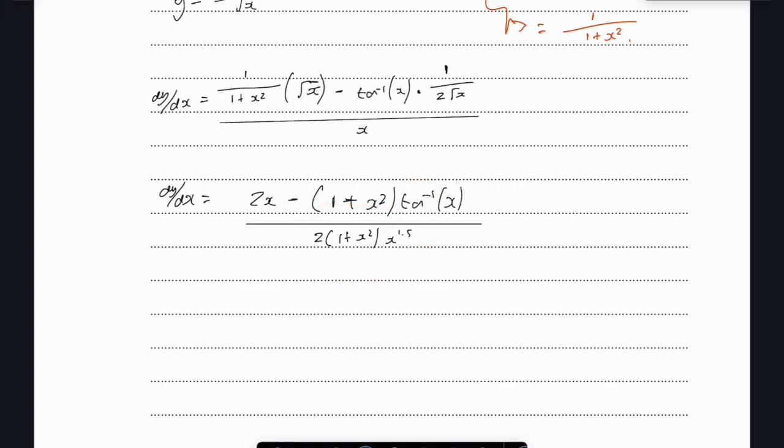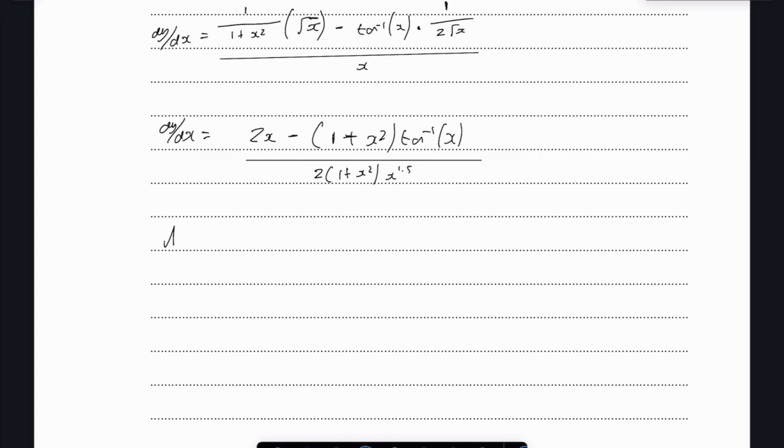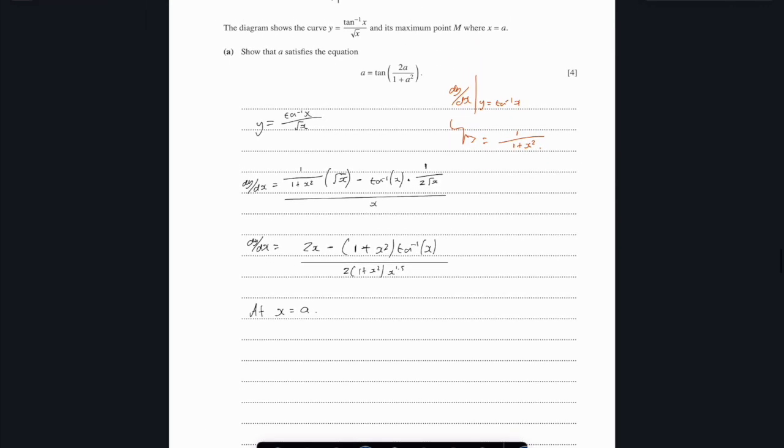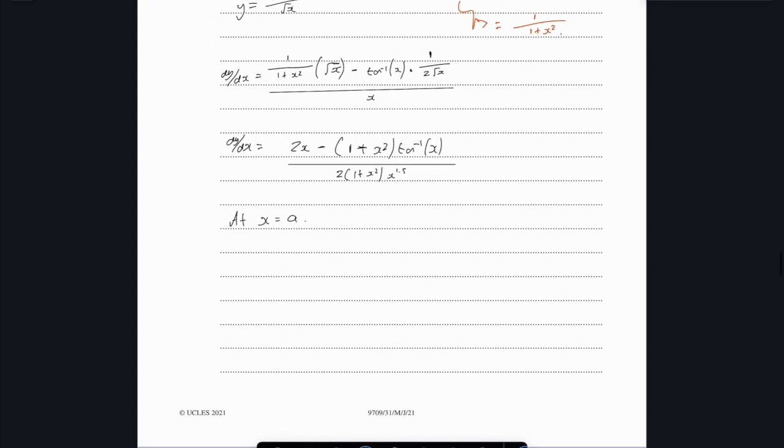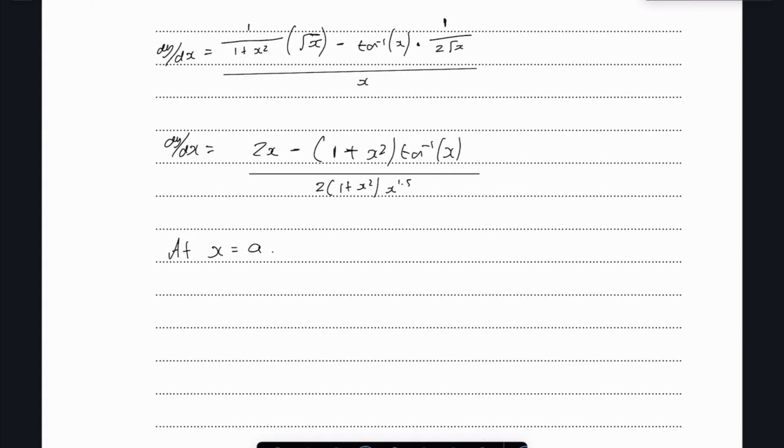Now in terms of the next steps here, I'm just going to say, at x equals alpha, or a in this case, we know that dy by dx is equal to 0.